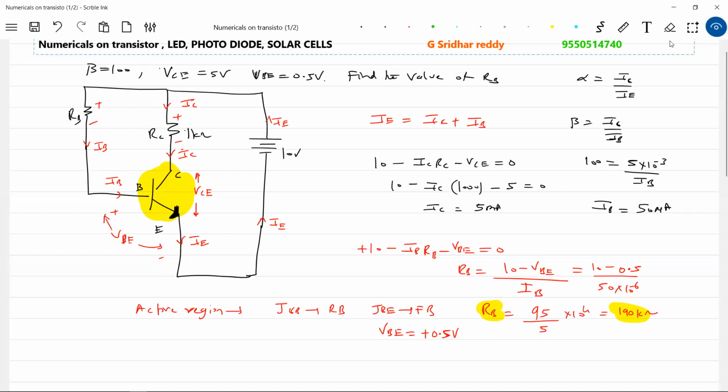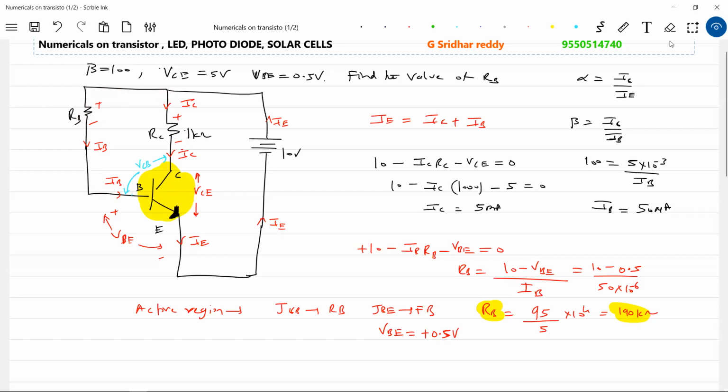Yes, there are several ways. You can go for one more loop here. Let me indicate, this is the VCB. Collector voltage. Let's write the loop equation.